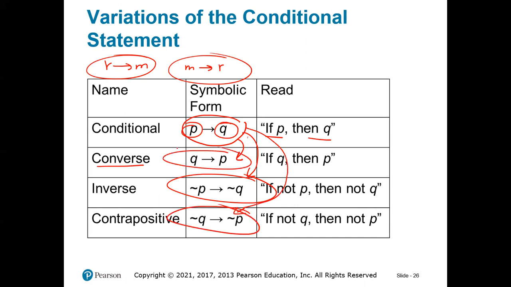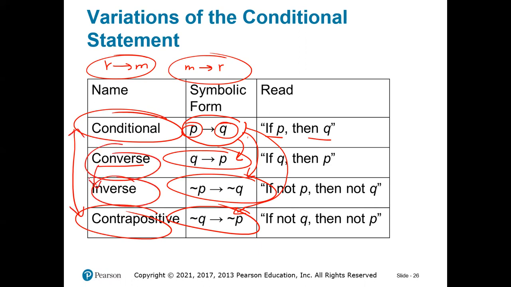I'm not saying that these are all equivalent statements. Actually, the conditional and the contrapositive are always equivalent, and the converse and the inverse are equivalent to each other. But you cannot say that the conditional is equivalent to the converse. How can you tell? You can just build the truth table, and you will find out that the conditional and the contrapositive are equivalent.